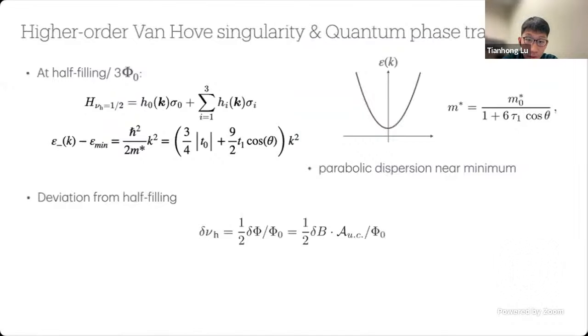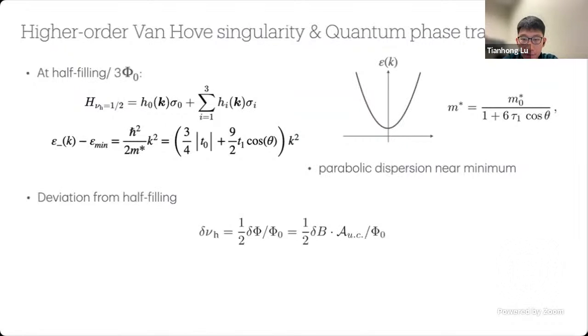So a parabolic dispersion is already like a free electron gas, and we can extract information about the effective mass from it. The effective mass is in this form: a constant over 1 plus 6τ1 times cosine theta.